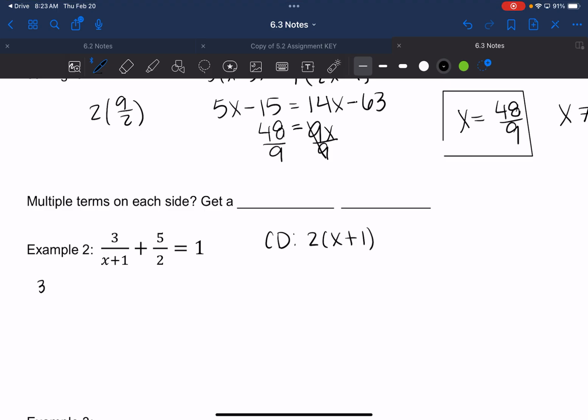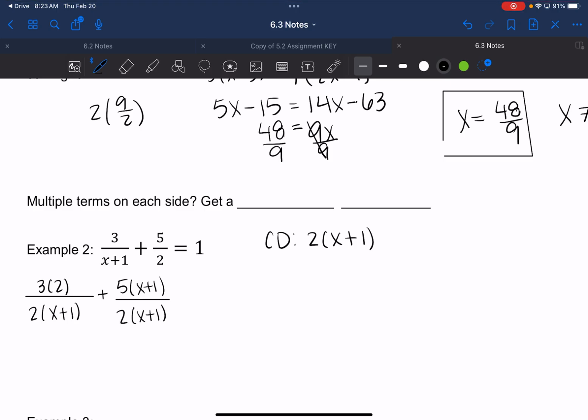So I'd have 3 times 2 in the top, and that 2 times x plus 1 in the bottom. Perfect. Okay? Now the next fraction, it's got the 2. What would we want to multiply that one by? Right? So 5 times x plus 1 over 2 times x plus 1.